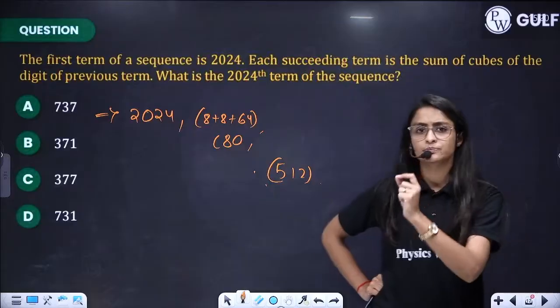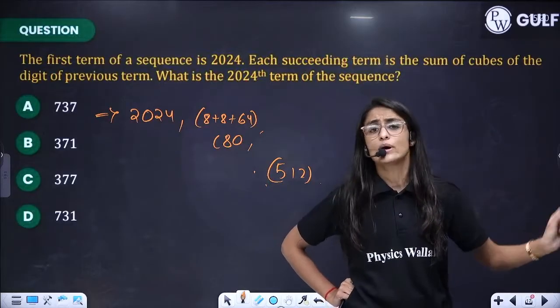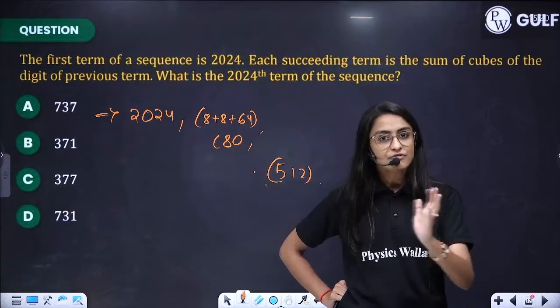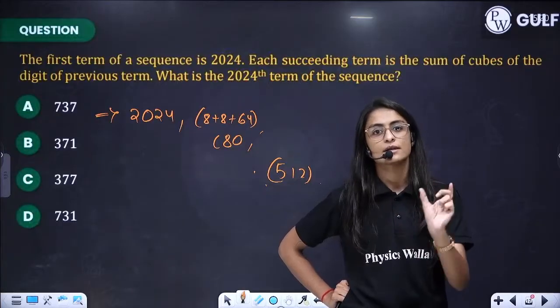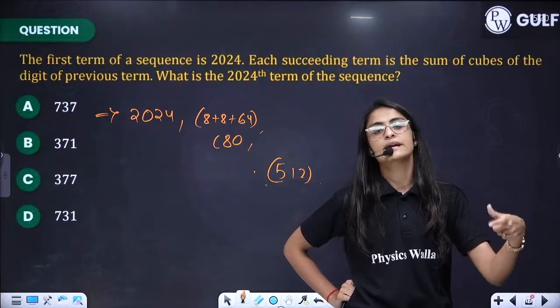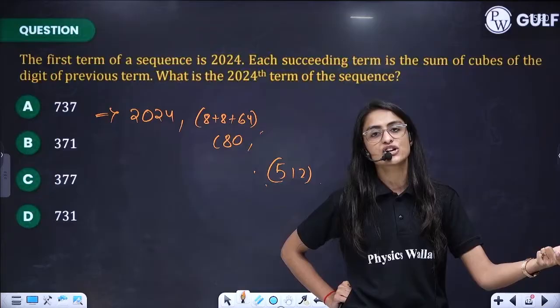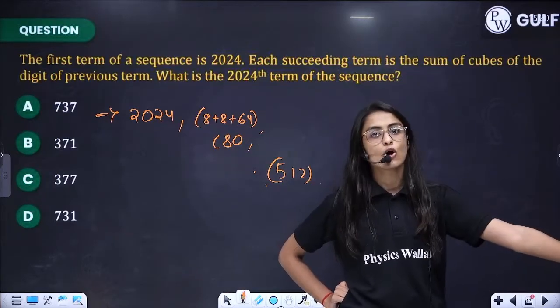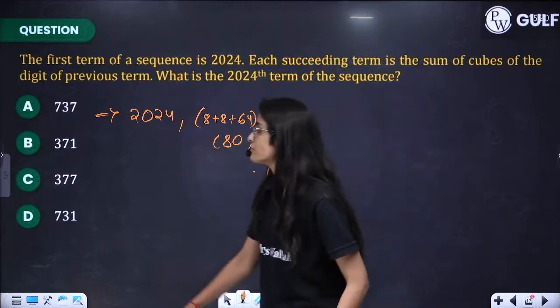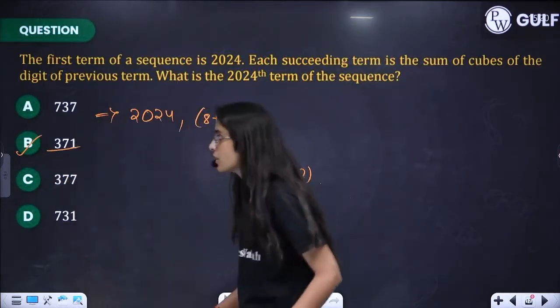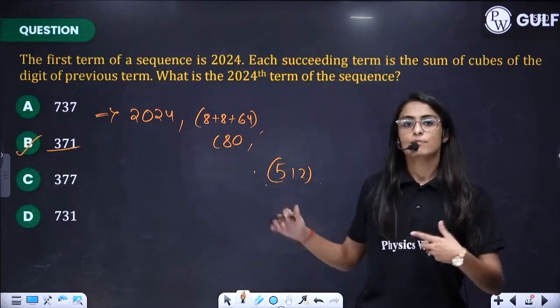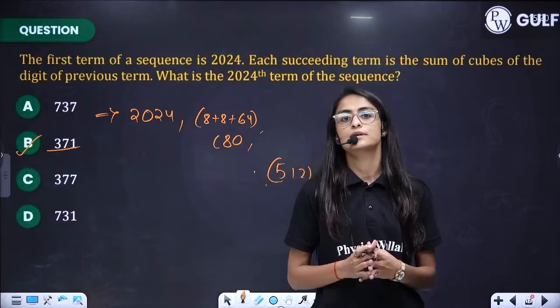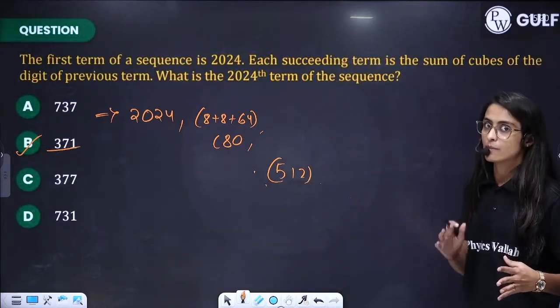So it will continue up to its 2024th term, because after the first 10 terms there's a pattern formed. When you will be taking up the cubes, adding them to each other, they will be forming 371. So your last term will also be 371, which is your 2024th term. Okay, please find the first terms by cubes, and later on you'll be forming a pattern again.